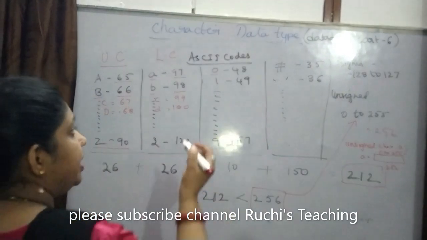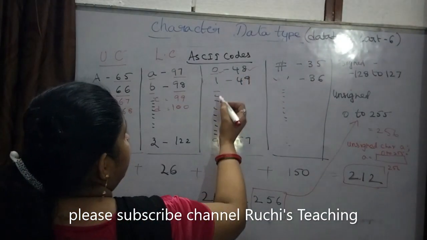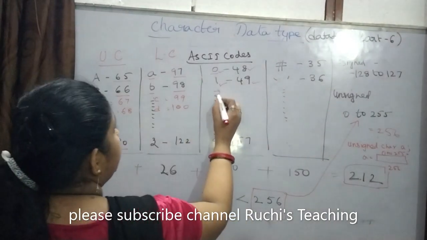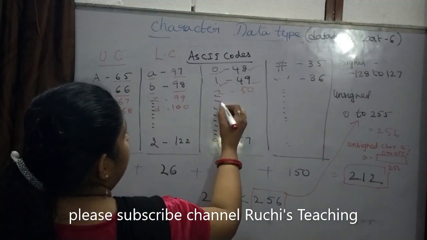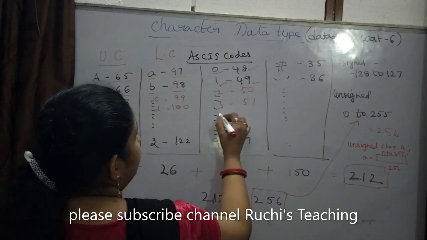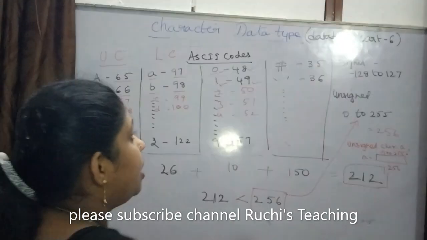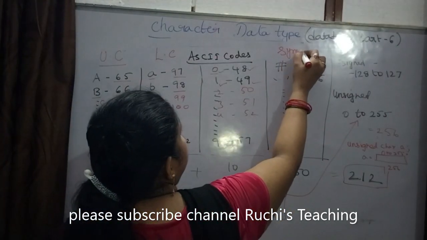So when you type 0 it takes it as 48, when you type 1 it takes it as 49. For 2 it takes it as 50, for 3 51, 4 52, like that it comes around to 57. Okay, now these are the symbols.